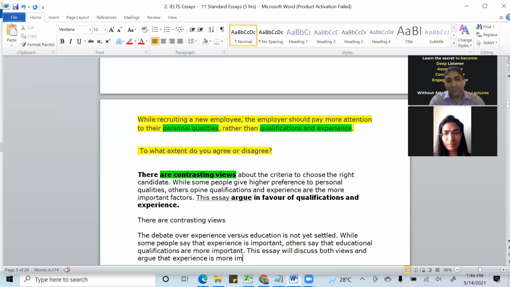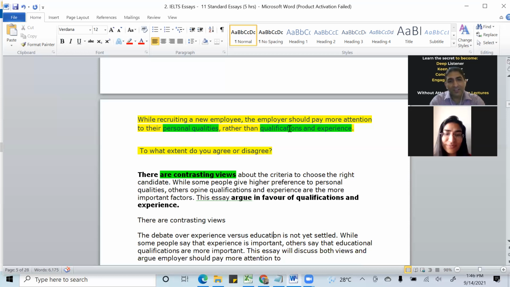argue that experience is more important. Let's use the same words as they are in the question: argue that employers should pay more attention to personal qualities or education.